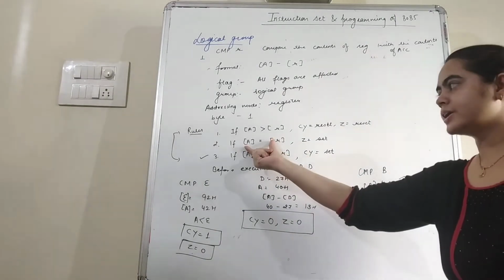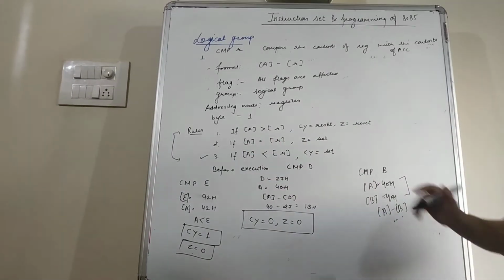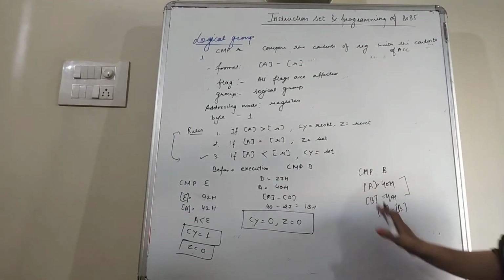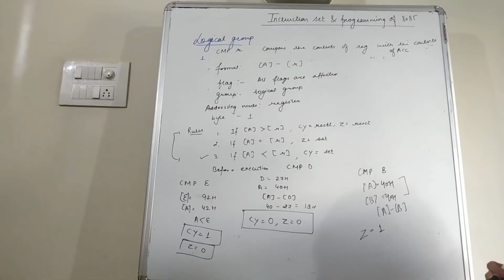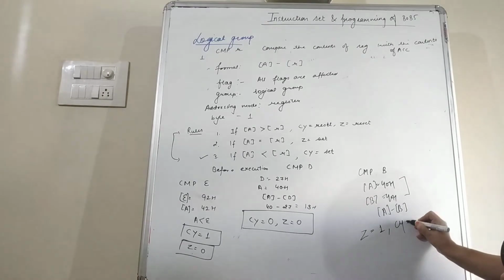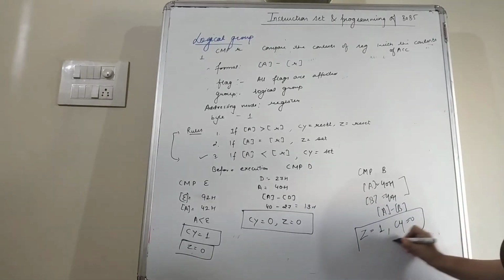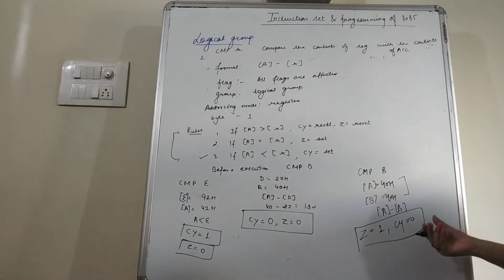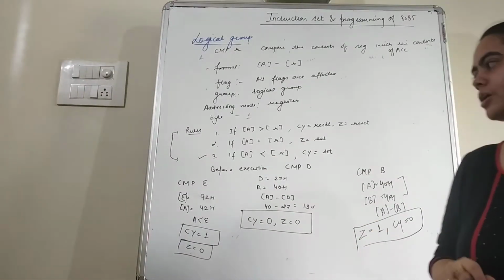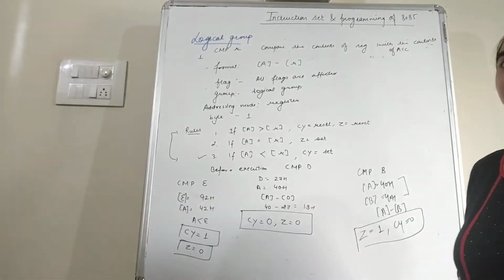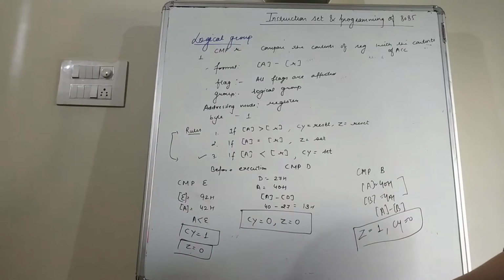So when the contents of accumulator and R are equal, we set the Z flag equal to 1, and we reset the carry flag, because when both the contents are equal, then the carry flag will not be generated. Carry flag is only generated when the contents of the accumulator are smaller than the contents of the register. So this is the CMP R.